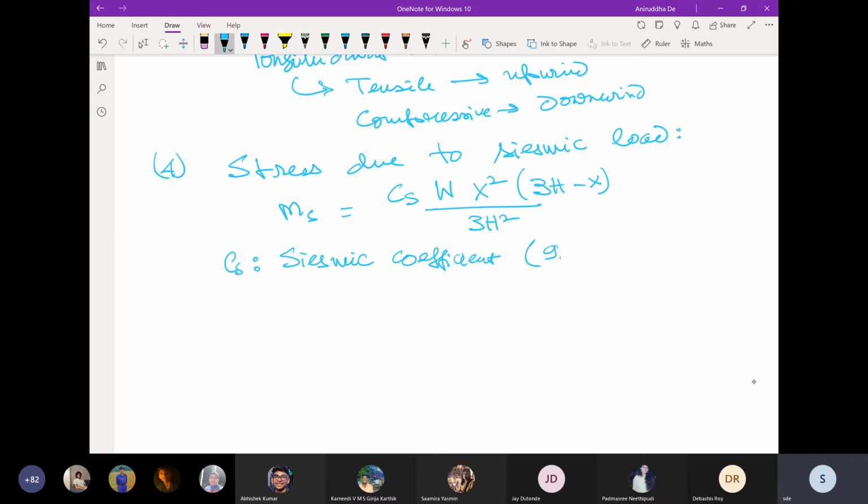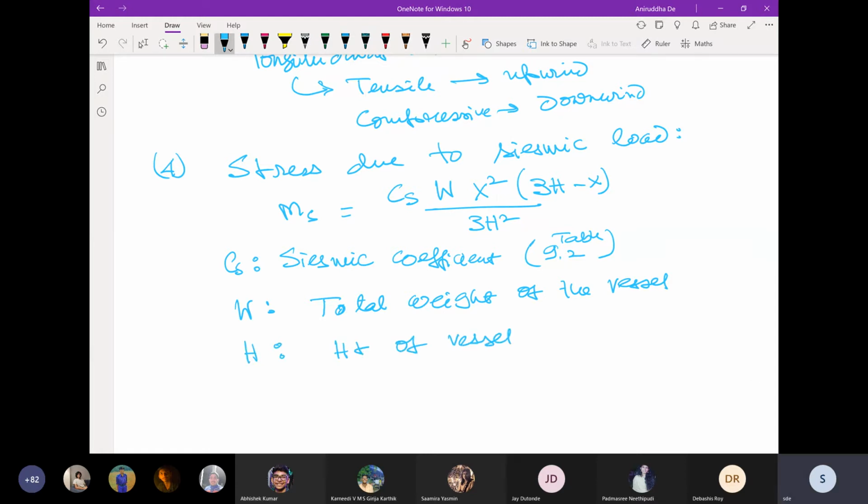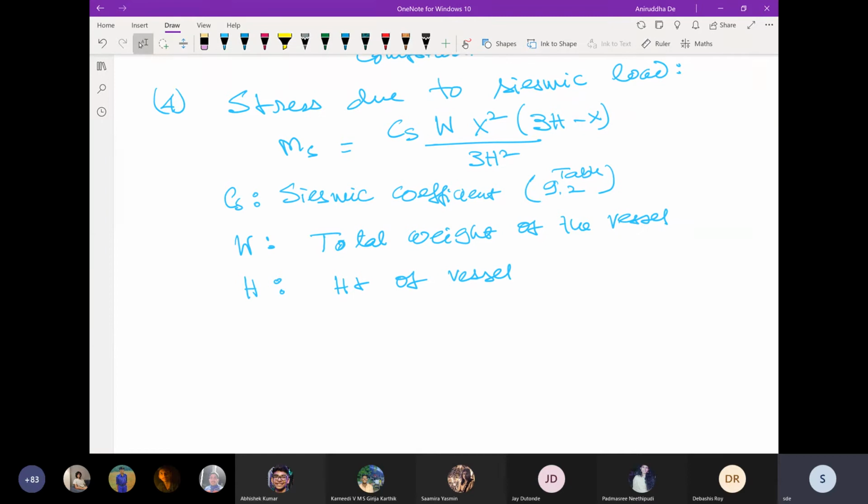You can get it from table 9.2. W is the total weight of the vessel. Then H is the actual height of vessel. And we are calculating MS at a location X from the top.